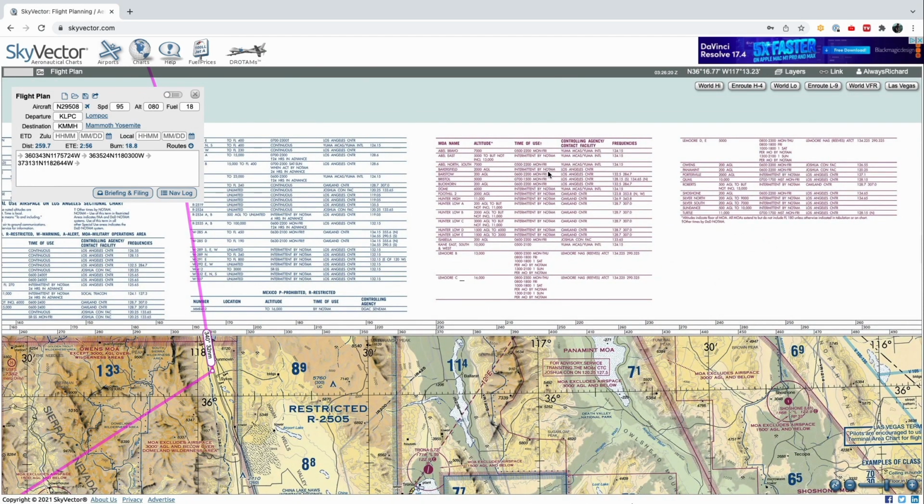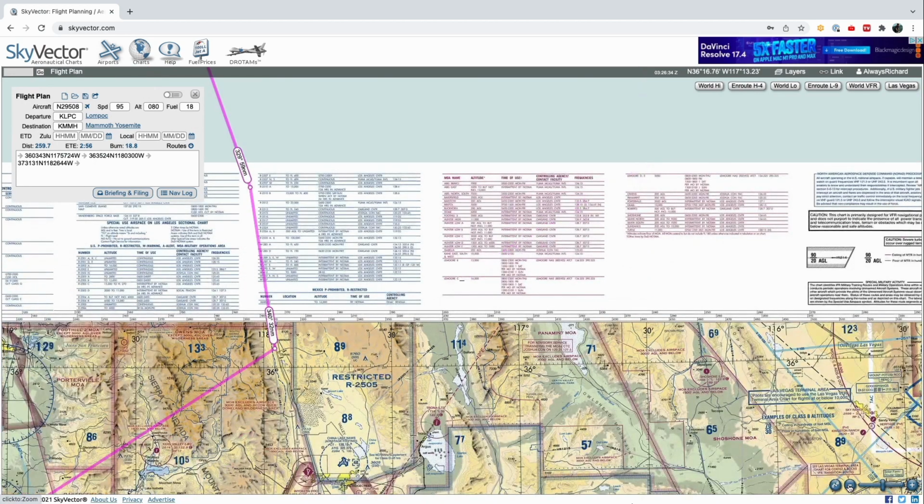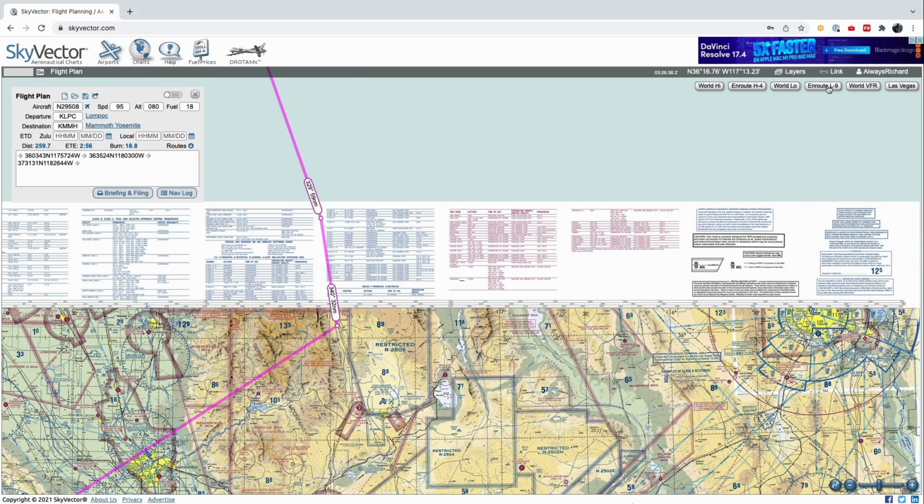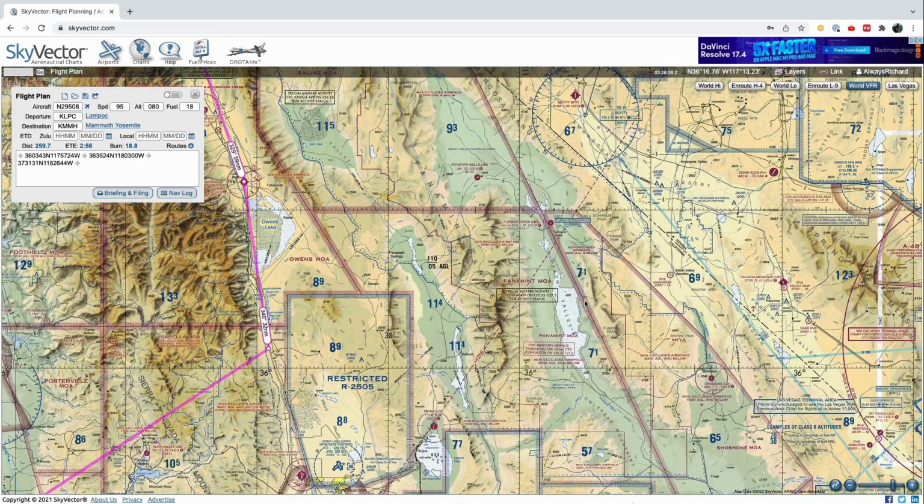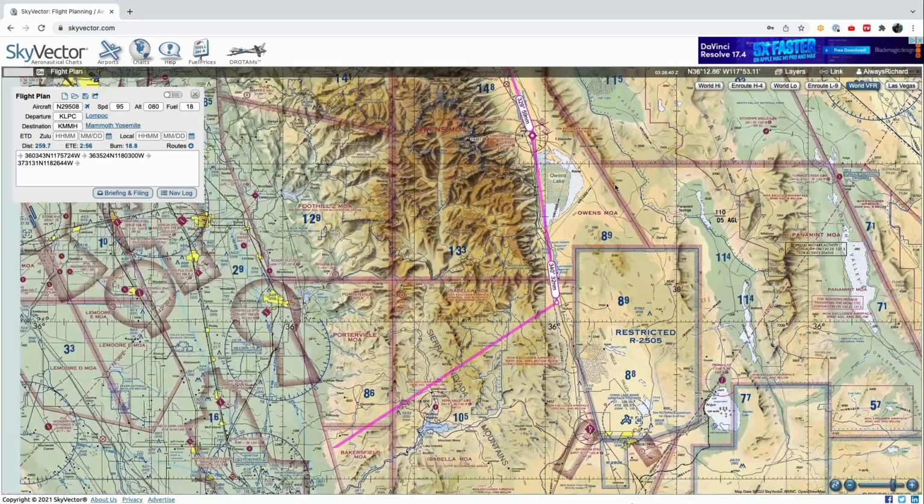Bakersfield, intermittent by NOTAM, so probably does not use that much. But when you call for your weather briefing, I'm sure they'll tell you about that if it's active. Well, you should ask.